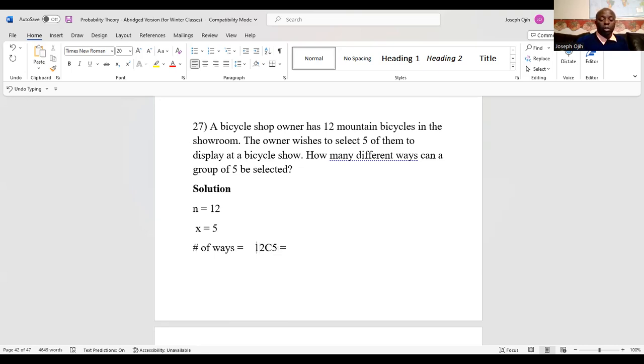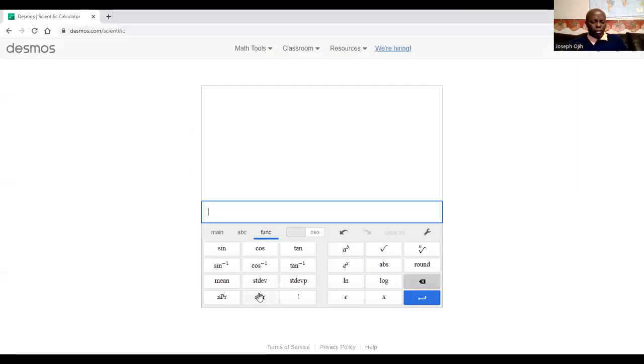So number of ways becomes 12 combination 5. Now we can look for this in our calculator. 12, comma 5, gives 792.